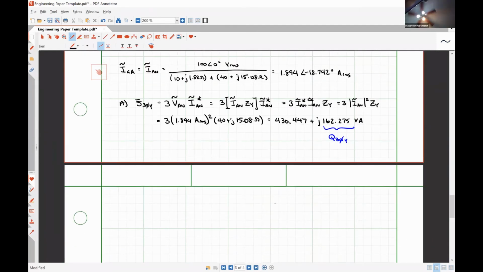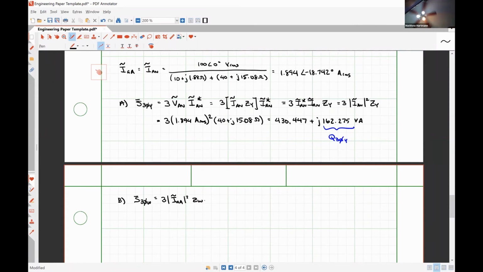So for part B, when I want the average power absorbed by the transmission line, I can say pretty easily now that S 3-phase wire is just going to be 3 times the magnitude of IAA quantity squared times the impedance of the wire.